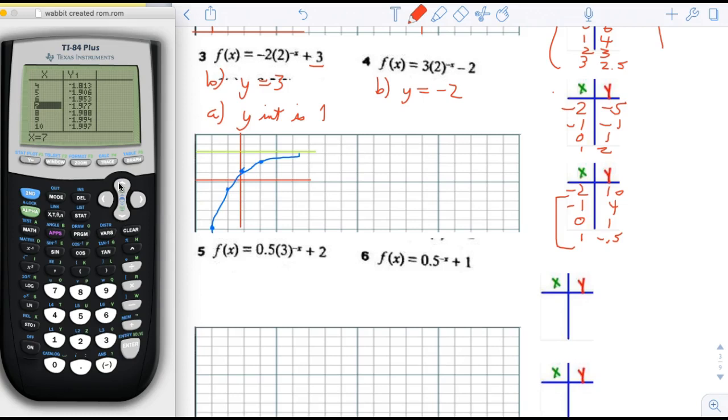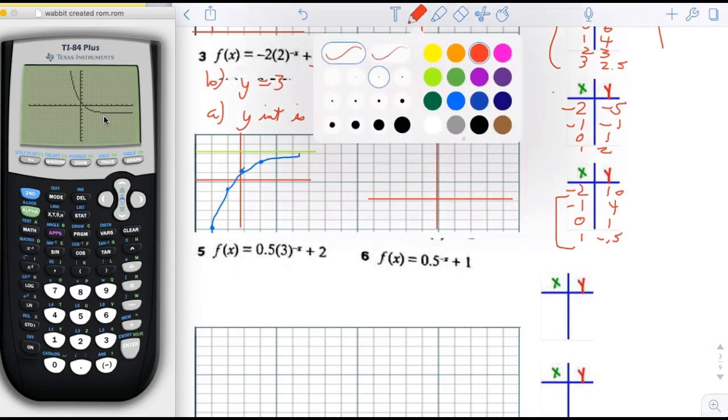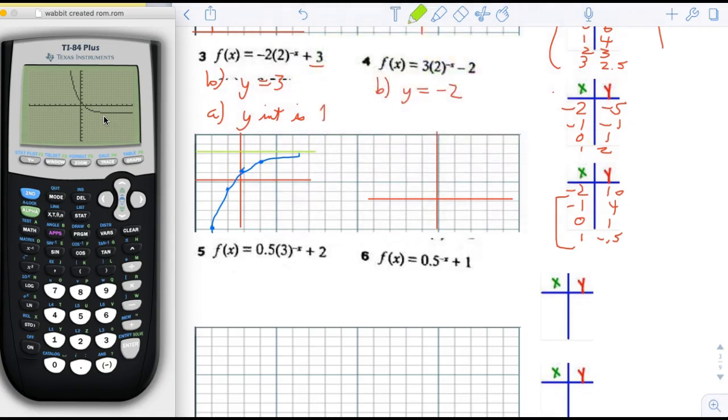Our axes are going to have a little bit more room. According to the graph, it'll have a little bit more room on top than on the bottom. So I'll put that. And my asymptote is at y equals -2.